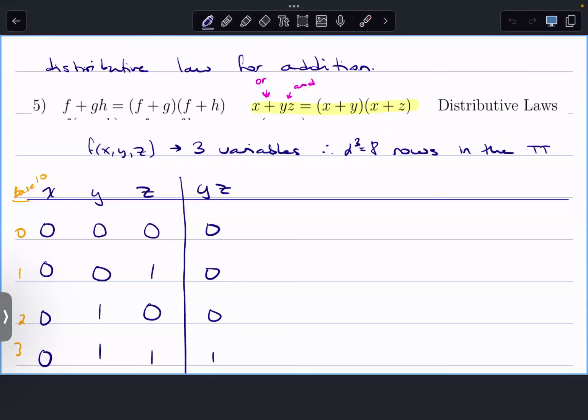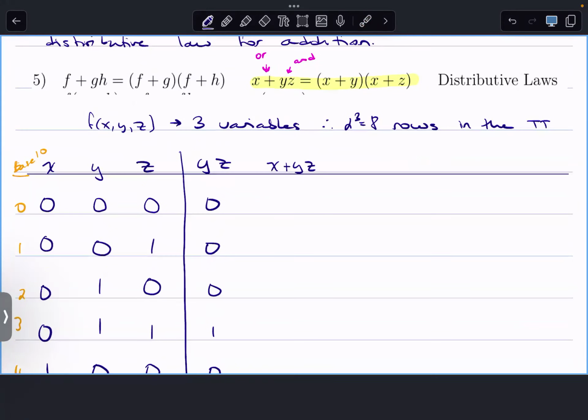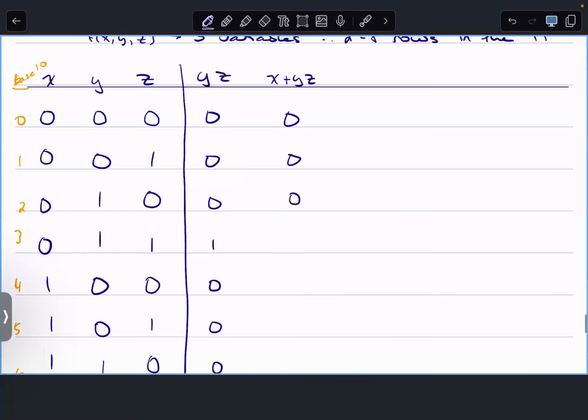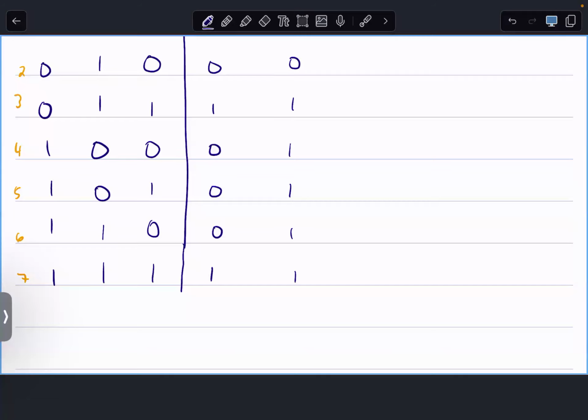So now I can go to x plus y times z. Kind of keeping an eye on both my columns here. As soon as there's any sort of 1, it makes a 1. 0, 0, 0, 1, 1, 1, 1, 1.